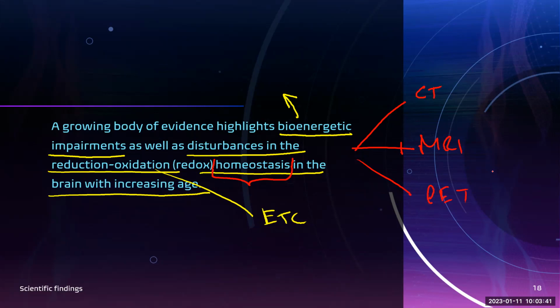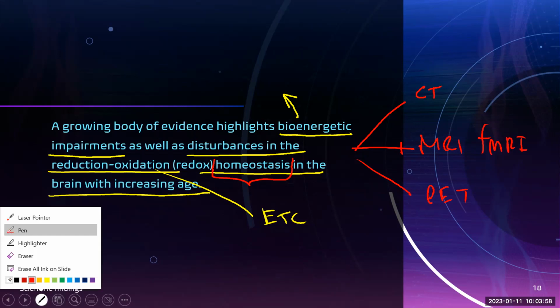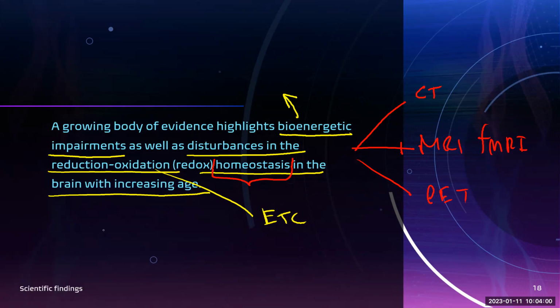Now, if we look at these types of imaging method, computerized tomography, magnetic resonance imaging, and also fMRI, that is functional magnetic resonance imaging.